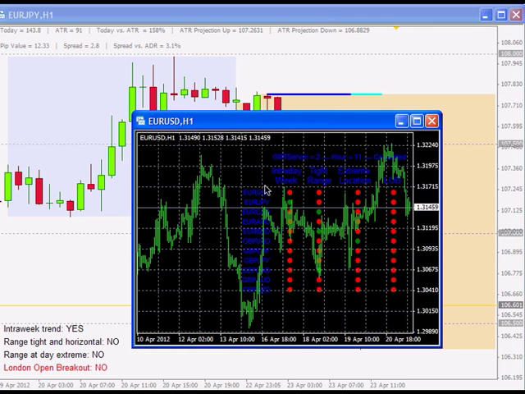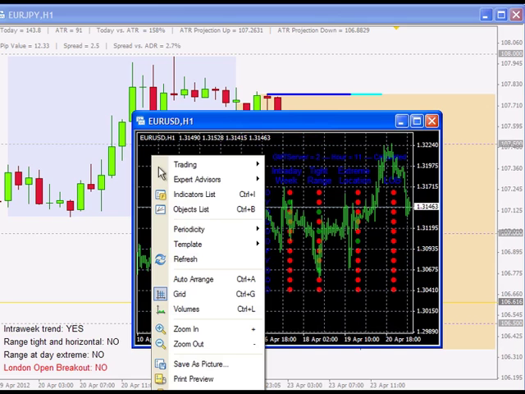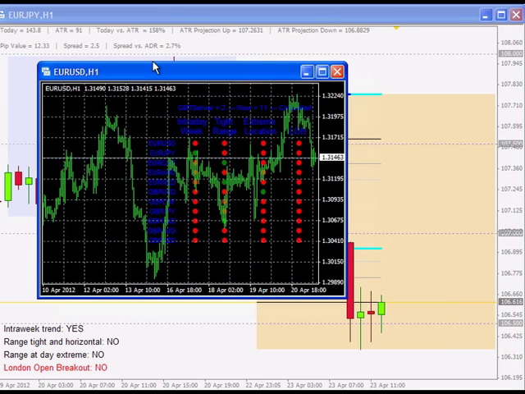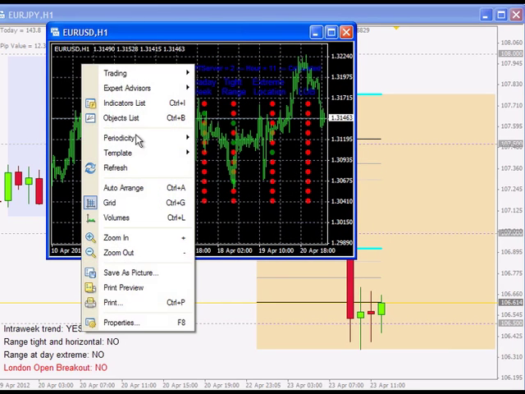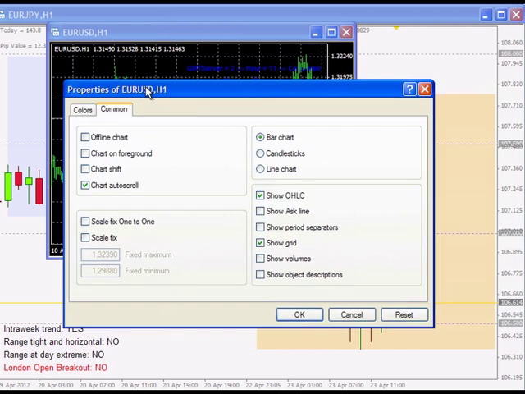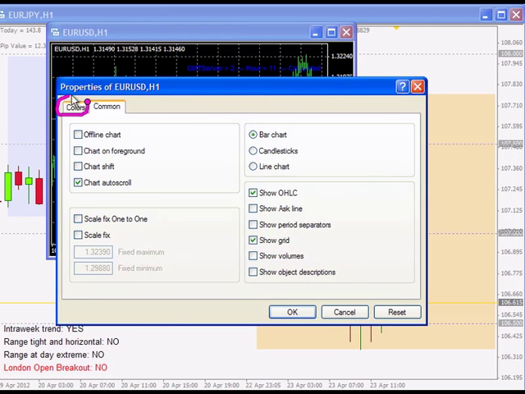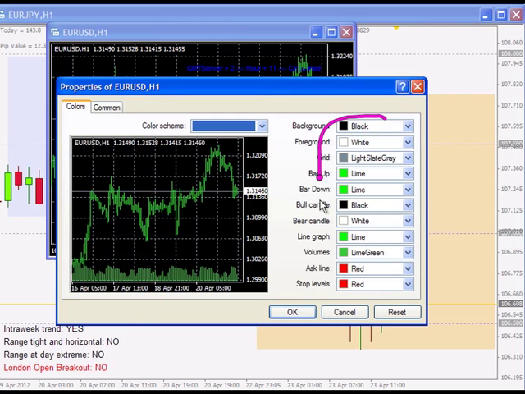So, in order to make the chart window and the indicator readable, simply right click on the chart. Actually, let me push this up a little bit. Simply right click here, browse down to properties, then on the colors tab, turn all these different fields to white.